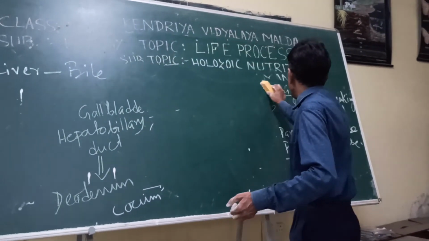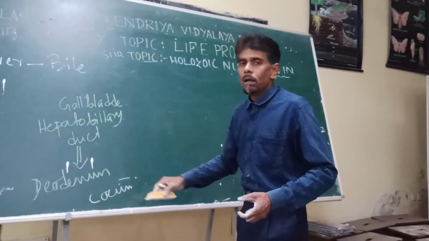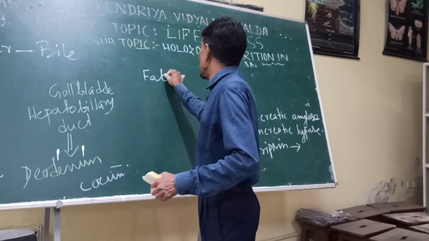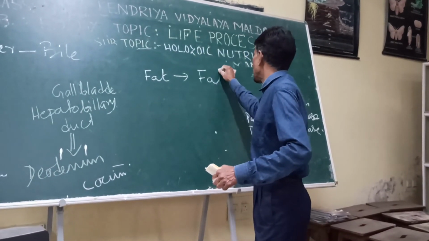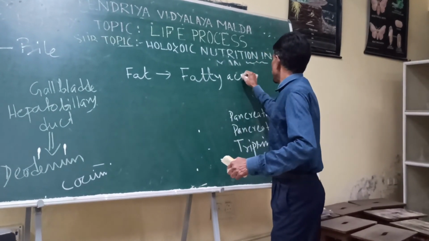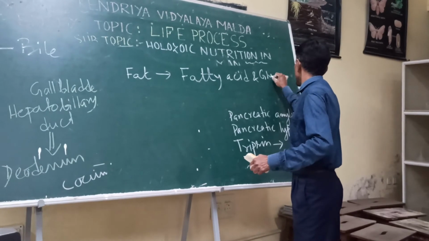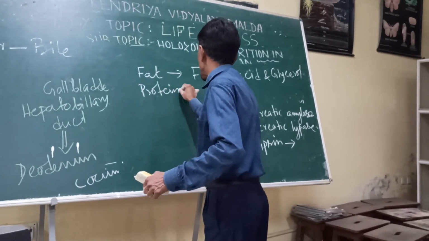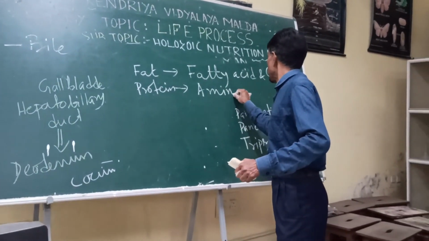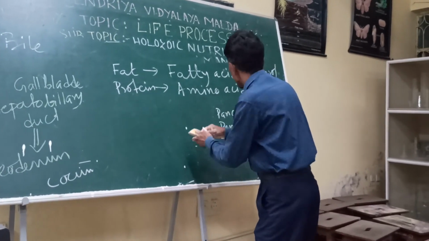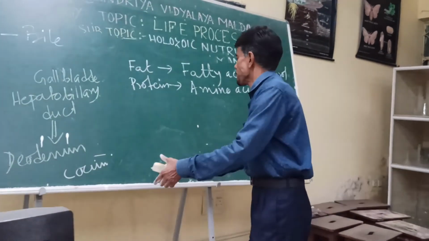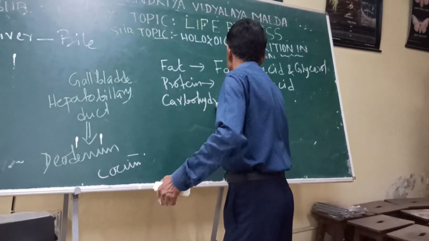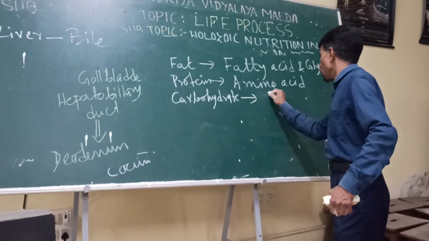That is, finally the intestinal glands break the food chemically, and ultimately fat is converted into its simplest form, fatty acid and glycerol, protein to its simplest form called amino acid, and carbohydrate to glucose.